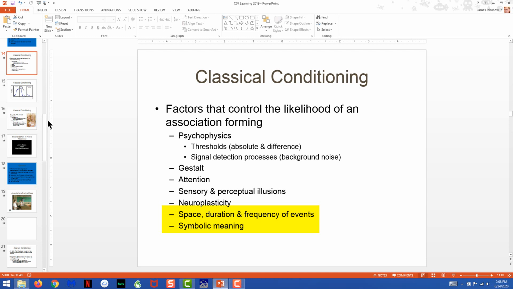But you had to get here to this chapter on learning to be able to see this all come together, because these principles of learning are all part of this system, right? Learning is one of the basic underlying principles to all of psychology, and you can never look at any aspect of human behavior without also addressing the aspect of learning.